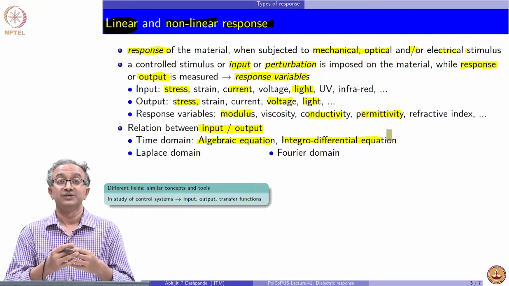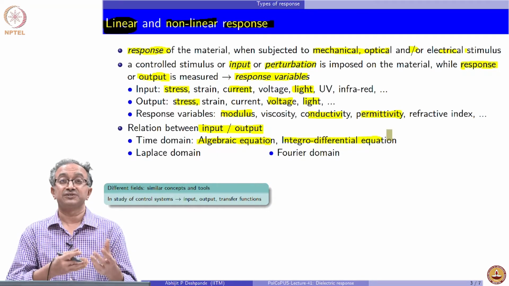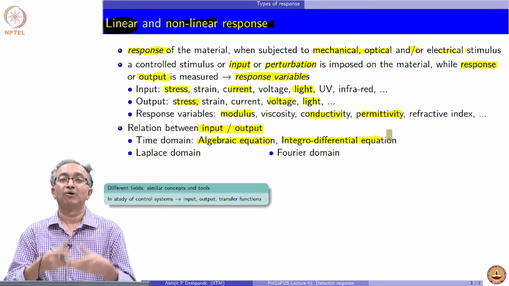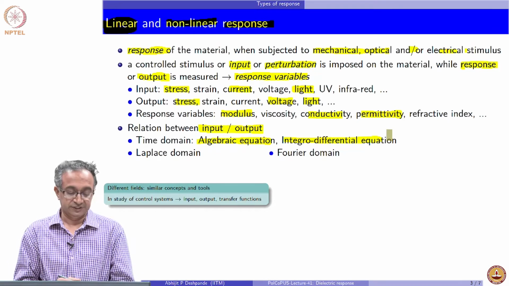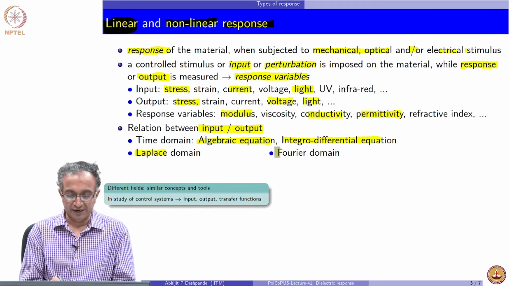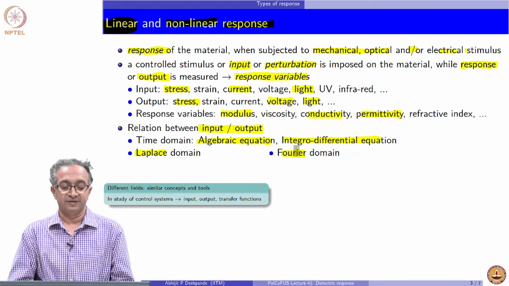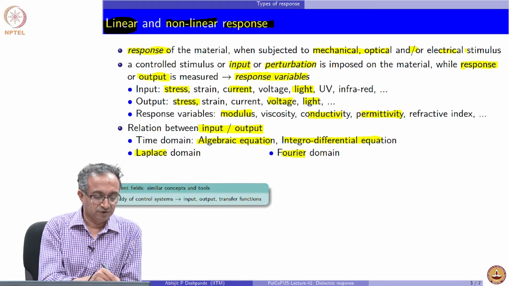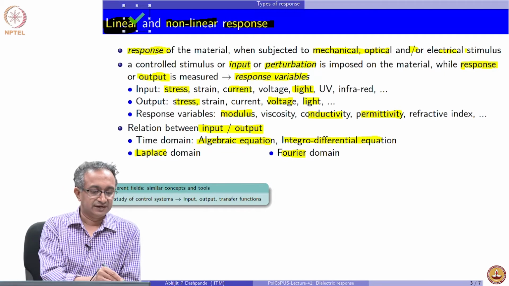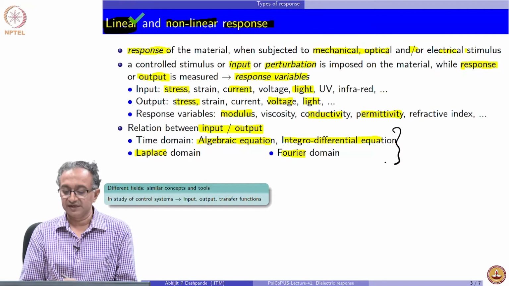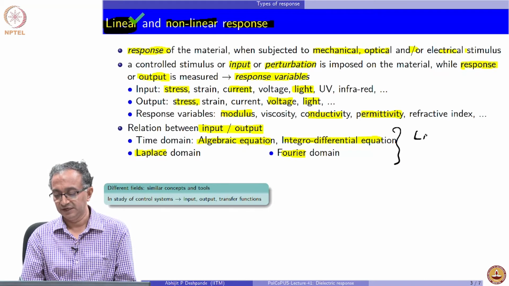So, the stress is not just related to strain alone, but all the rate quantities are involved. Similarly, these time domain equations can be changed to Laplace or Fourier domain, and so whenever we talk of a linear response, we imply that we are looking at these relations that are linear equations.